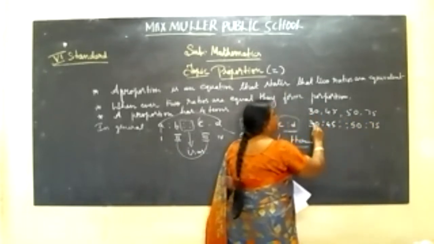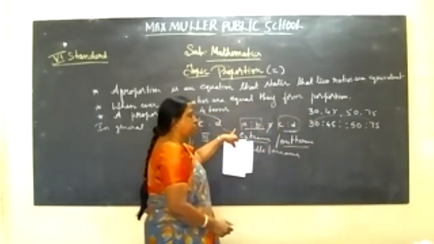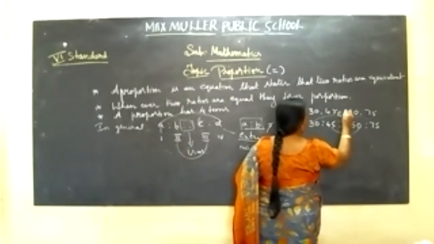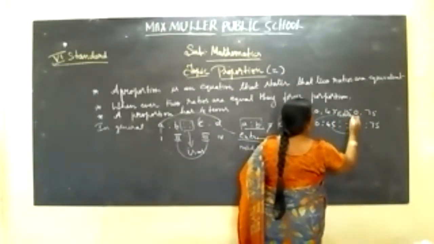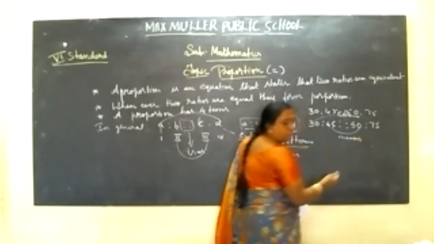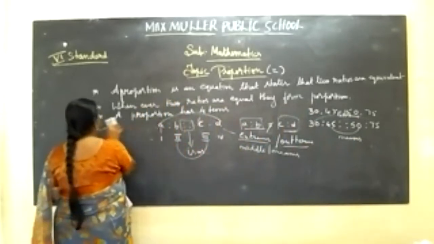So the first and last terms are called what? Extremes. The second and third terms are called means. There are two methods to find whether the given terms are in proportion.